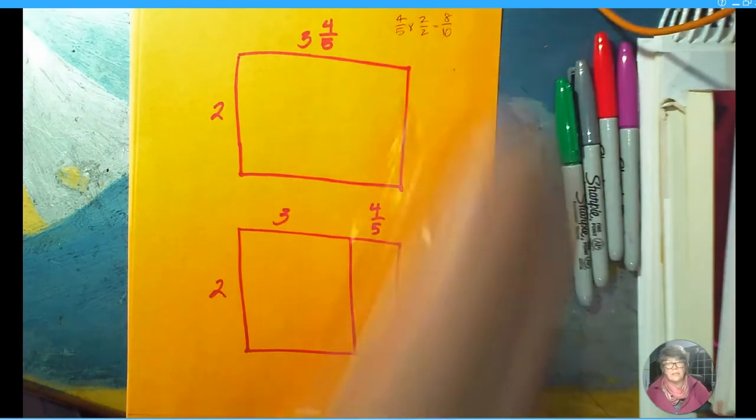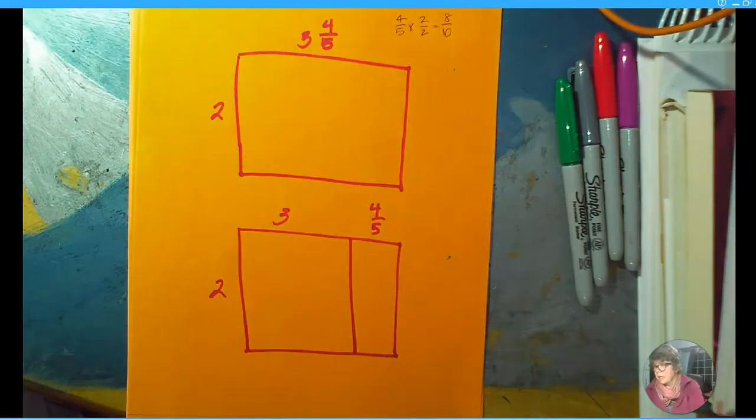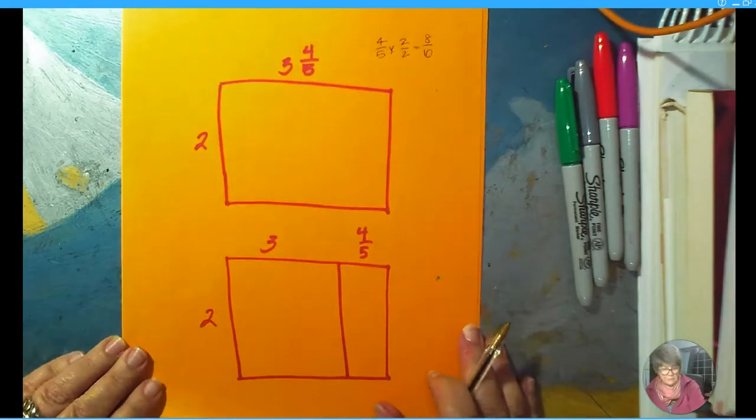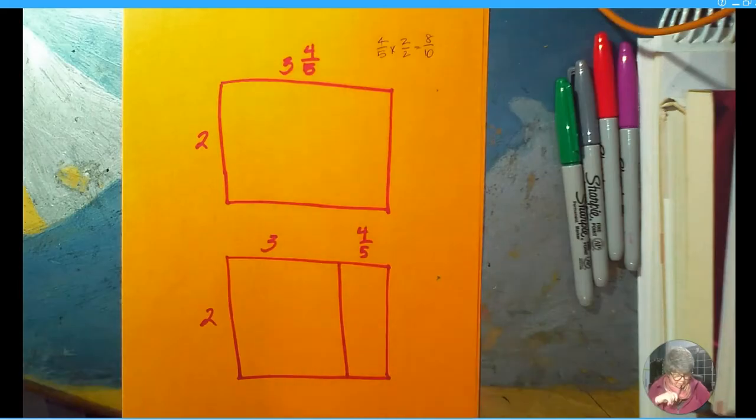So we are really looking at that same problem, just with a simplified fraction. And that's because we're really looking at mixed numbers today in area models and just multiplying mixed numbers in general.